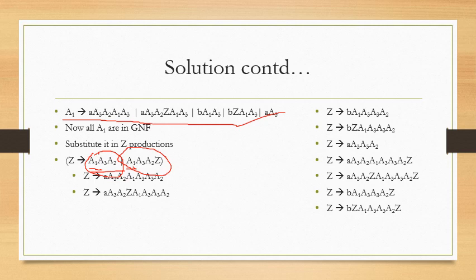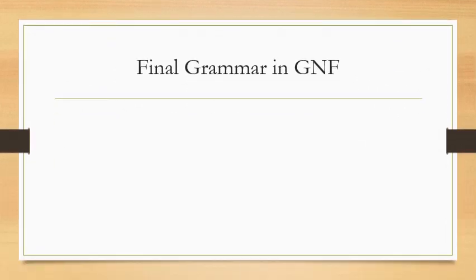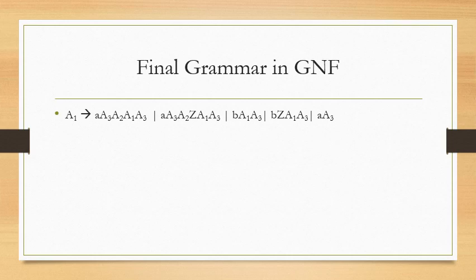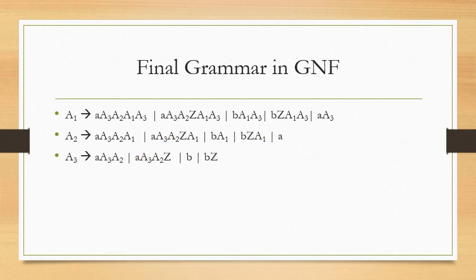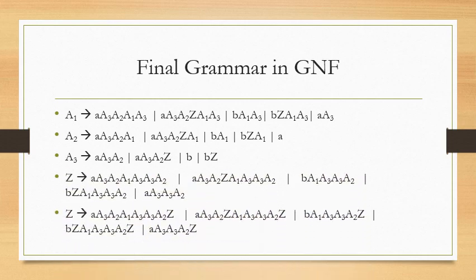All these deal only with substitutions. And the final grammar will be the A1 productions, the A2 productions, the A3 productions, and then the Z productions.